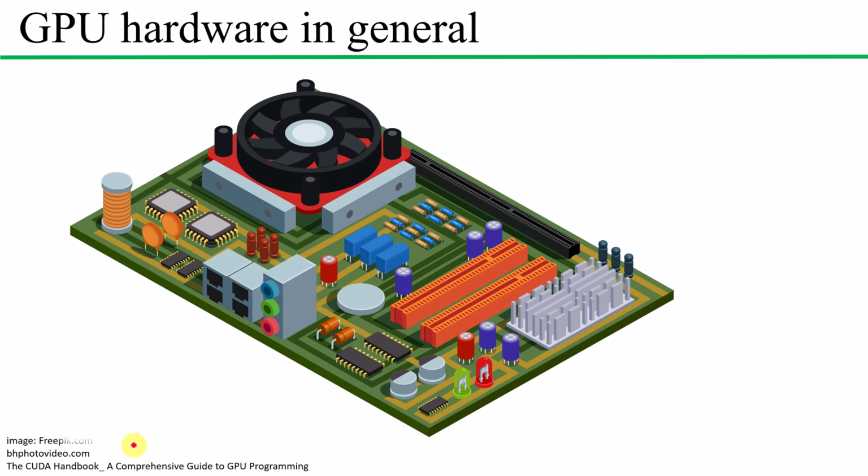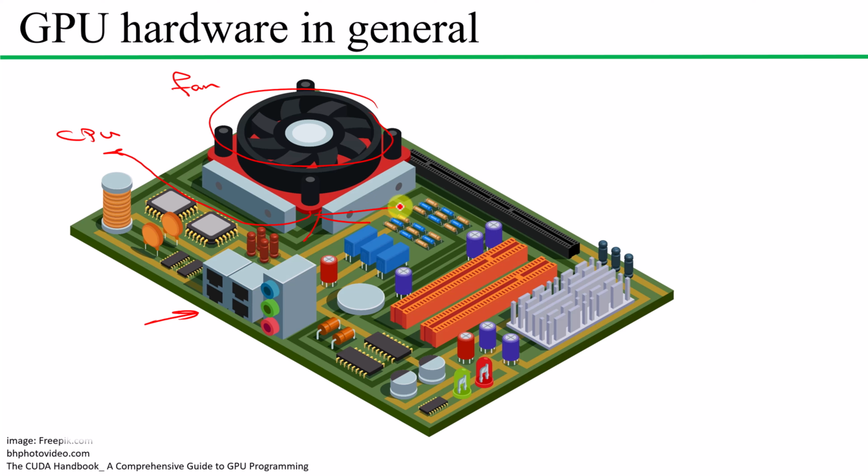Let's start with this picture here. This picture represents a general motherboard that exists in most of our computers. Here, you can observe a fan. This fan is dedicated to keeping the CPU cool and protecting it from overheating. This CPU interfaces with various components through some types of connections.